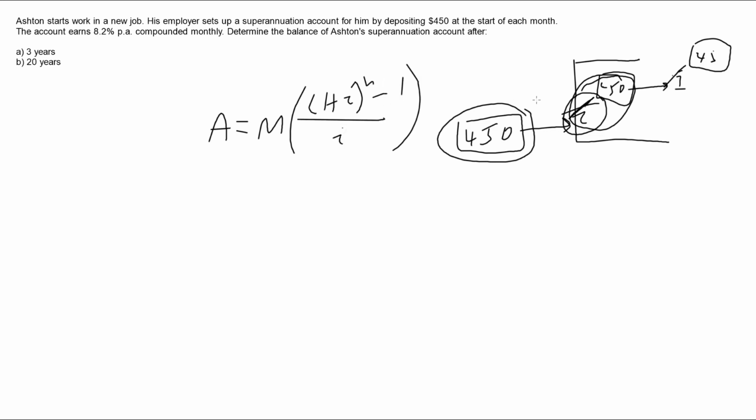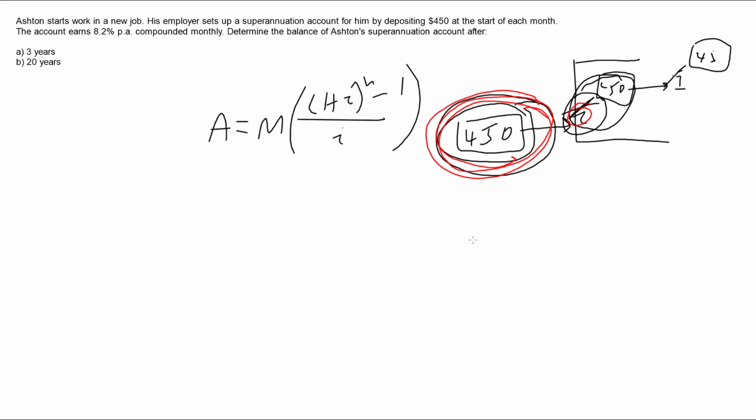But because there's this little bit added in at the beginning, that requires us to also use a slightly different rule, because this bit acts as an initial investment which then gets interest added to it over time.